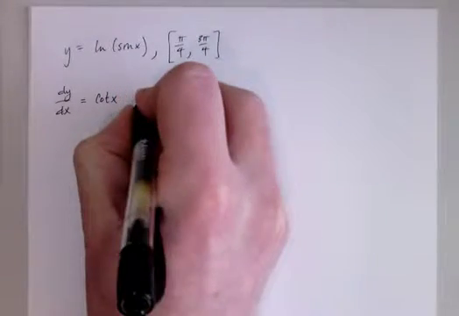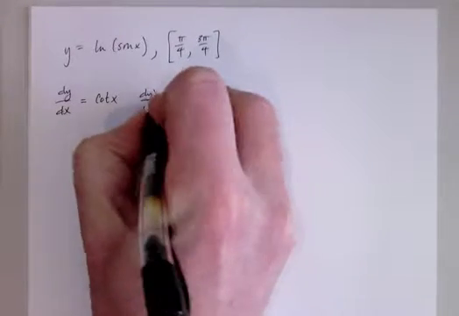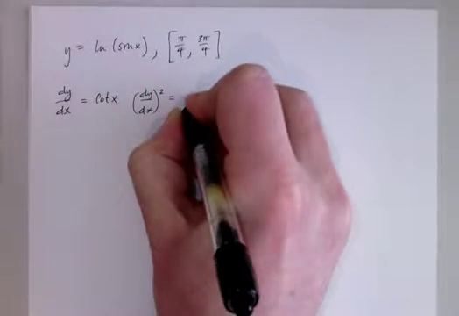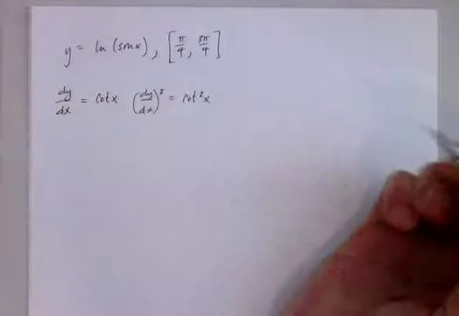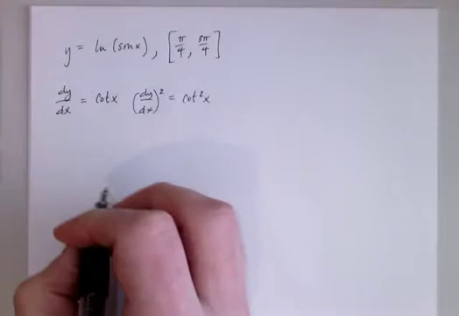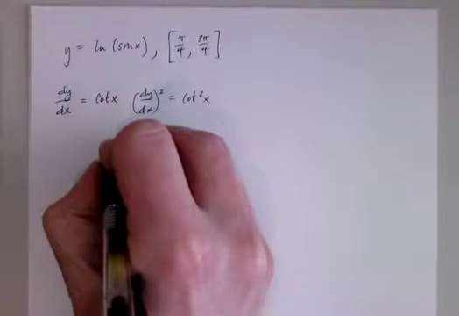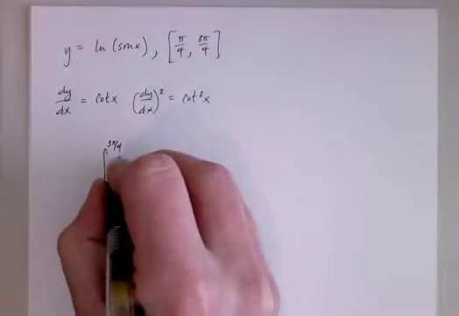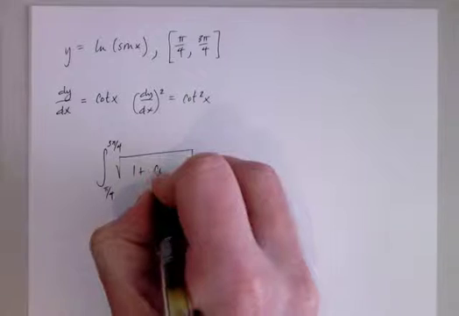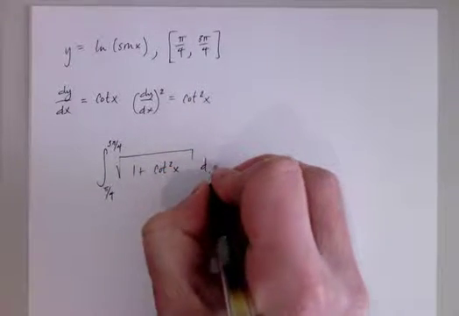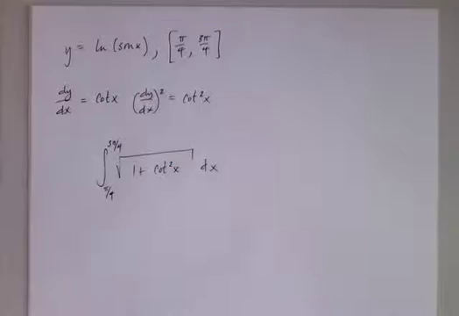Well, I know that dy dx, if I were to square it, is simply cotangent squared x, right? Well, if I'm going from pi over 4 to 3 pi over 4, the integral of the square root of 1 plus cotangent squared x dx would be my arc length, okay?